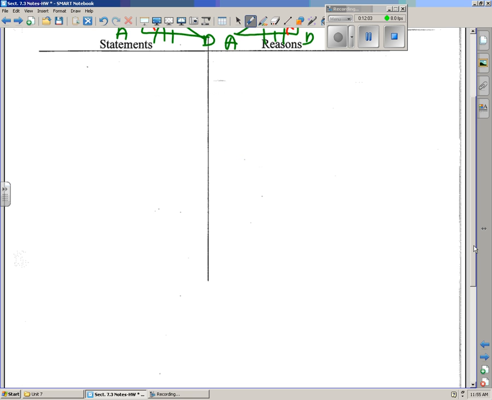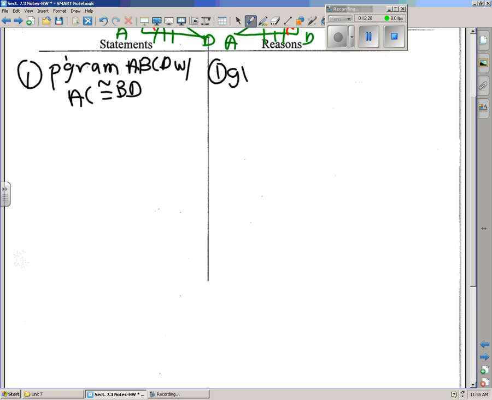Okay, first step. We've got P-gram ABCD with AC congruent to BD. And that was given to you. That's all they're giving us. But we know that BA and CD are congruent.